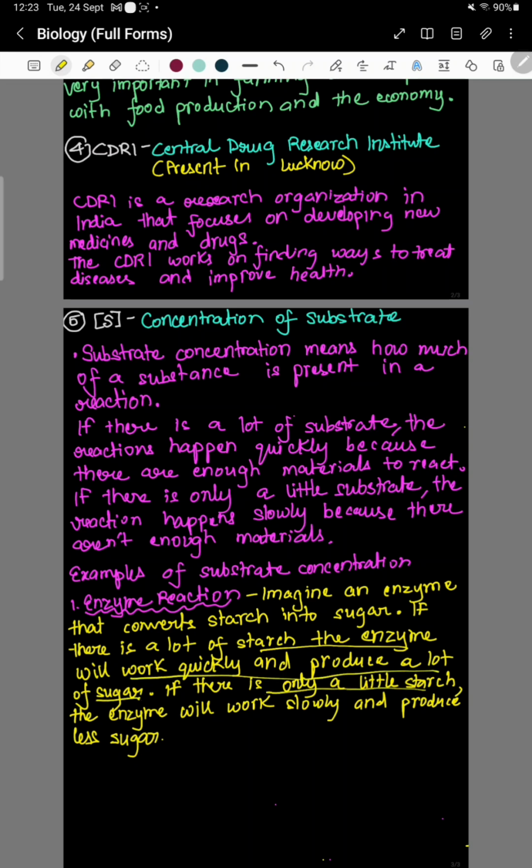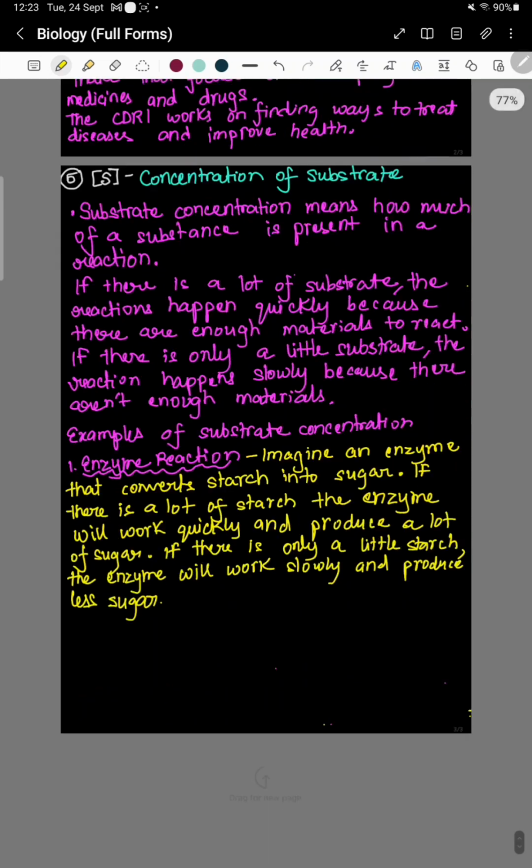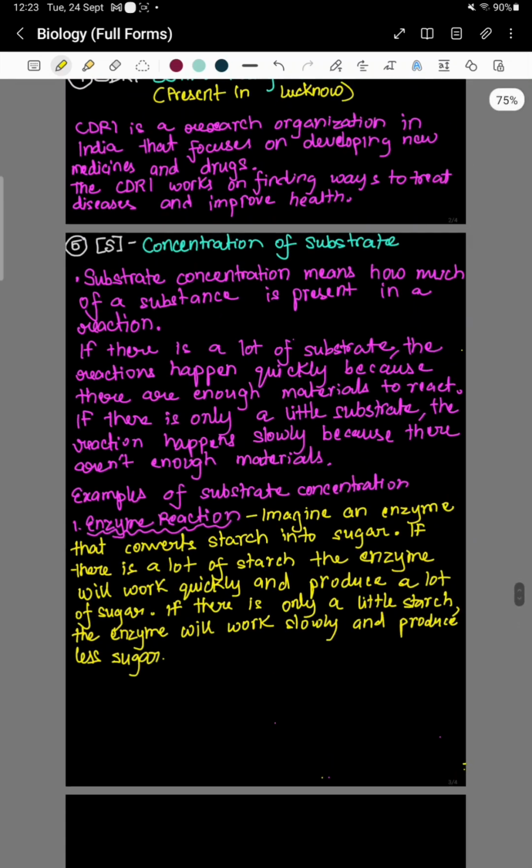If there is only a little starch, the enzyme will work slowly and produce less sugar. But if there is little starch, then enzyme will work slowly. I hope this is clear, right? Next is number 6.